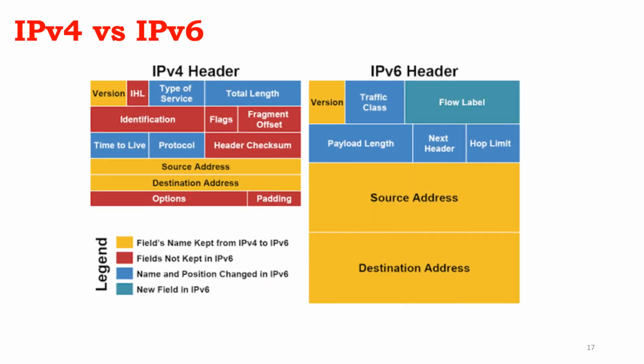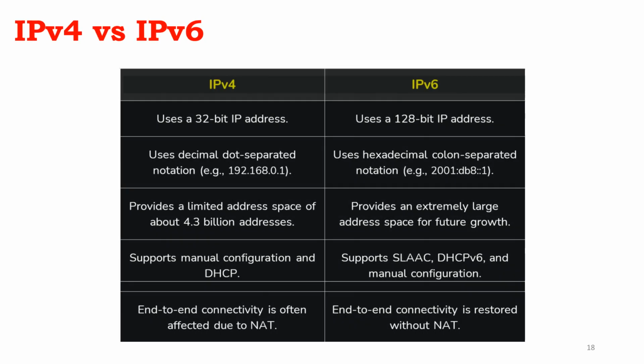Comparing the two, IPv4 headers have several fields not present in IPv6, such as identification, flags, fragment offset, and header checksum, contributing to a variable header size. IPv6 streamlines the header for faster processing. Key differences in addressing include IPv4's 32-bit addresses using decimal notation versus IPv6's 128-bit addresses using hexadecimal notation.